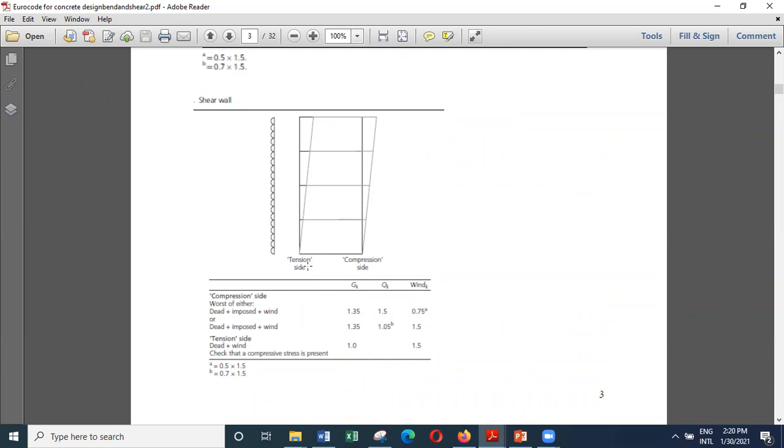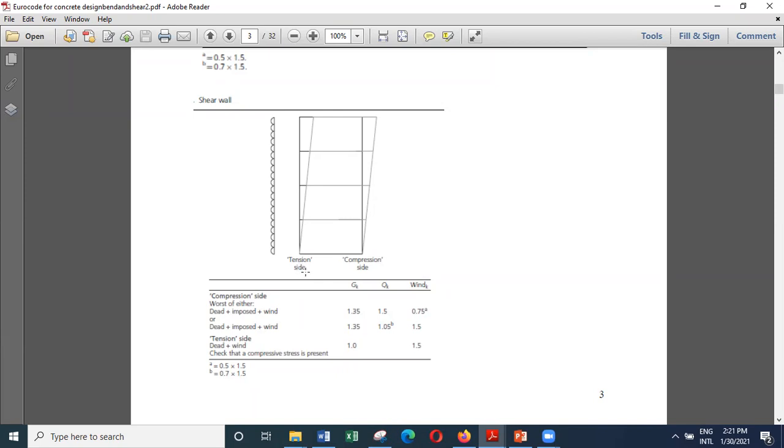And then we want to see the worst effect on this wall, and the worst effect on this wall is some tension occurring here, because if there's any tension here, that tension can be transmitted to the foundation as well.